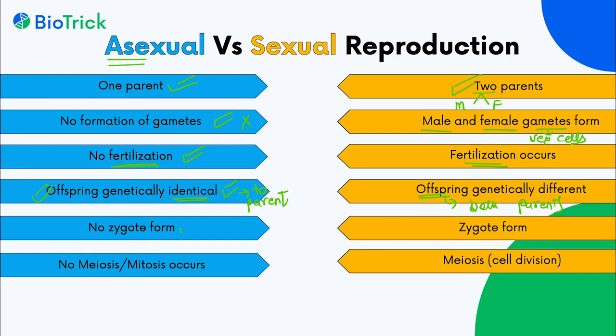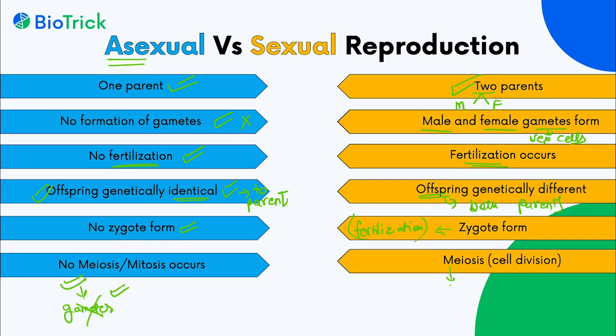Third, no zygote forms in asexual reproduction because there is no fertilization, while in sexual reproduction, zygote forms by the process of fertilization. Next, and the last, no meiosis occurs in asexual reproduction because there is no formation of gametes.